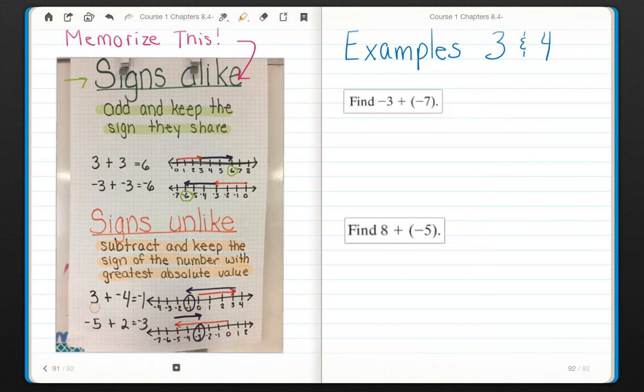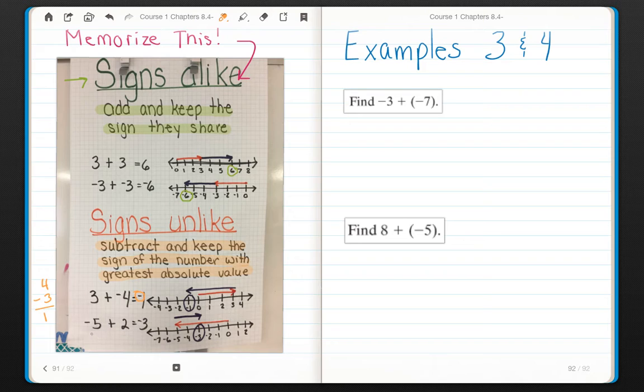So here we have 3 plus -4 equals -1. I would solve that by actually subtracting: 4 minus 3 equals 1. But it's going to be negative because negative 4 has a greater absolute value than 3 does. So we keep the negative sign.